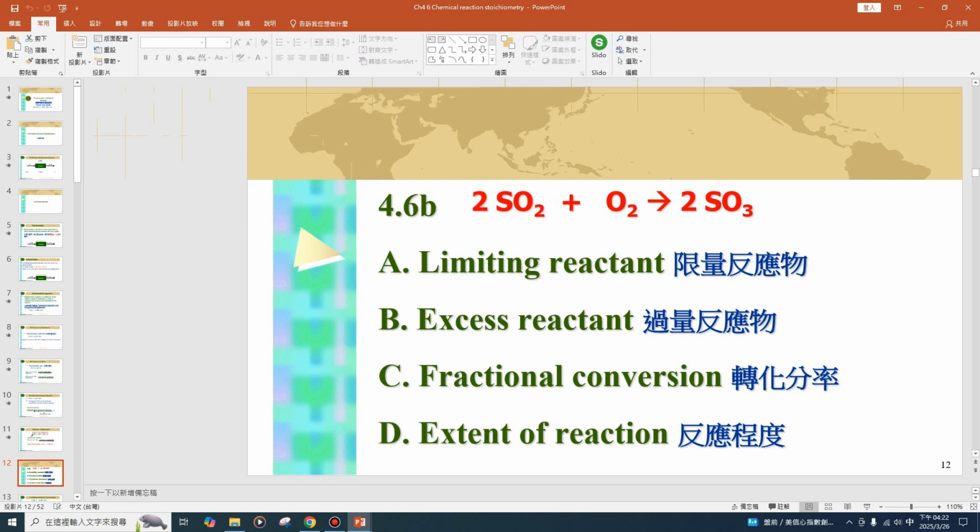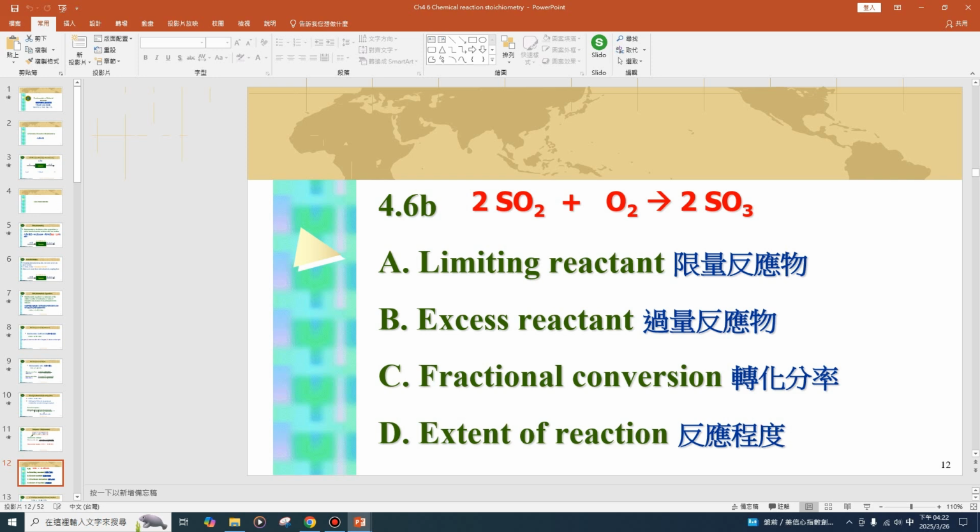Normally if you want to think of what is the limited reactant, you will think, well, that's maybe the expensive chemical. In the case of this, is SO2 expensive or is O2 expensive? Okay, then I'm sure you don't know the answer, right? How about excess reactant?